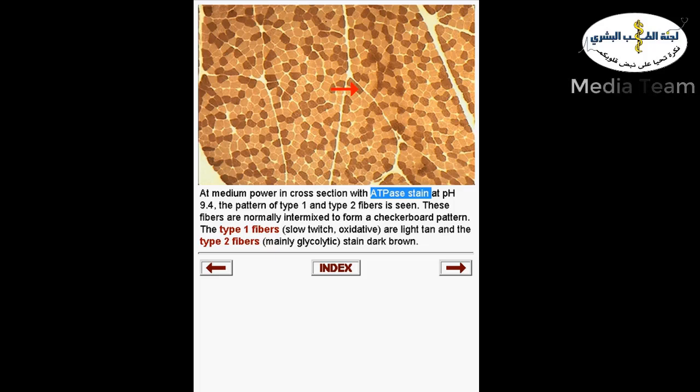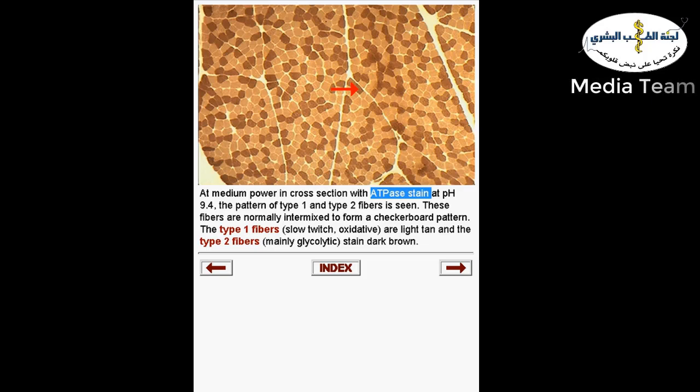The difference between type 1 and type 2 is the pathway of producing energy. In type 1, it's the oxidative pathway. In type 2, it's the glycolytic pathway, and type 1 fibers are also called slow twitch fibers. As you can see here, it looks like a checkerboard pattern.